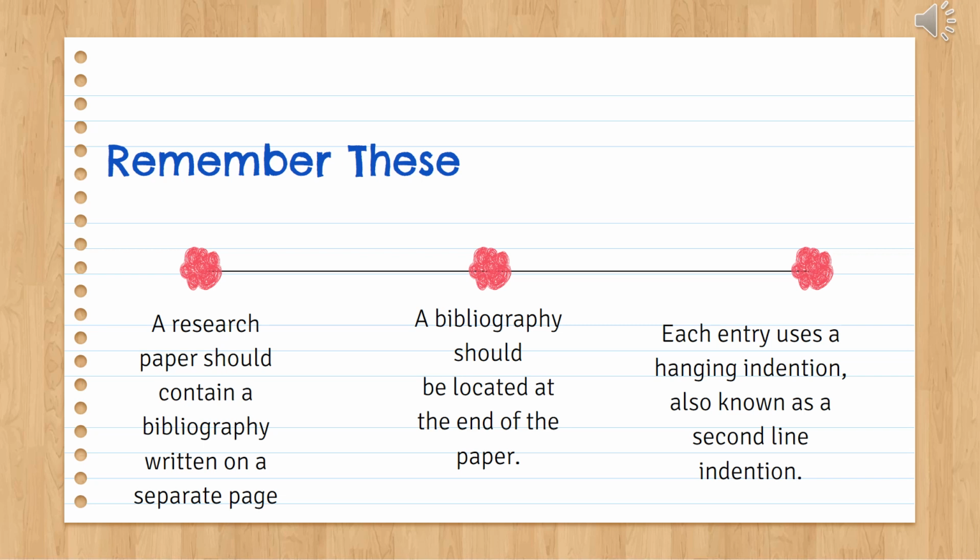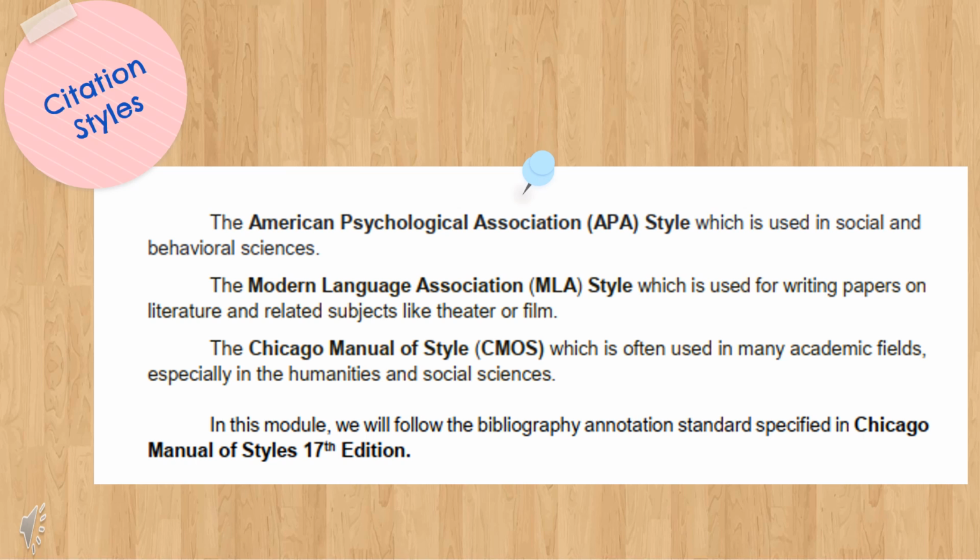By the way, there are many styles or formats in citing or listing sources depending on the subject. The 3 main citation styles are found on the page 8 of your module. Kindly read. It is your turn. Great job!